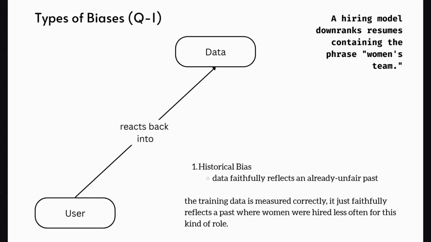When you think of that, the question states that the hiring model downranks resumes containing a certain phrase. So the main idea is that it either has something to do with the data, or you can think of it as something algorithmic, but you don't have any data regarding the model to actually judge that.